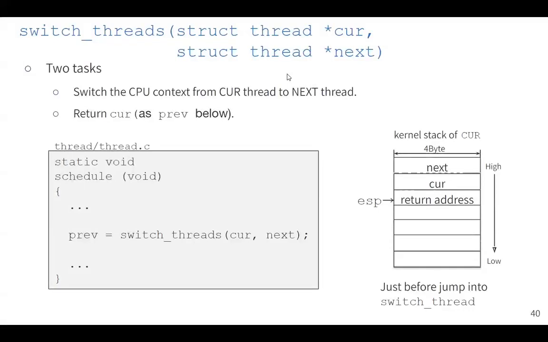Switch threads does two tasks. It switches the CPU context from the cur thread to the next thread, and it returns a pointer to the current thread structure. Just before jumping into switch threads, again, we have the stack looking like this.